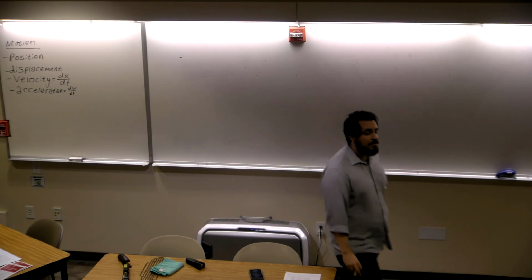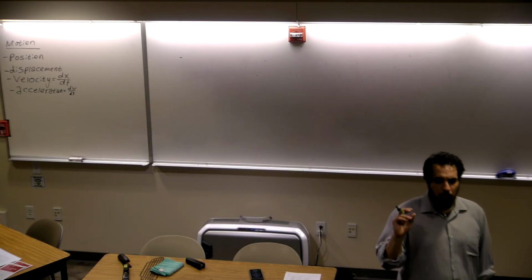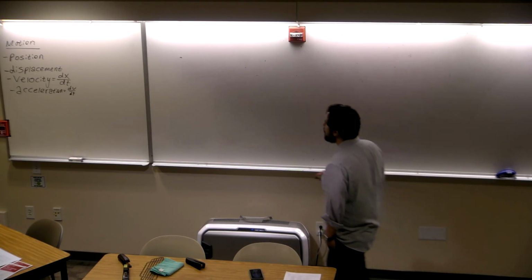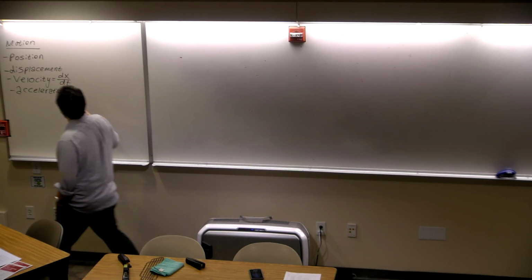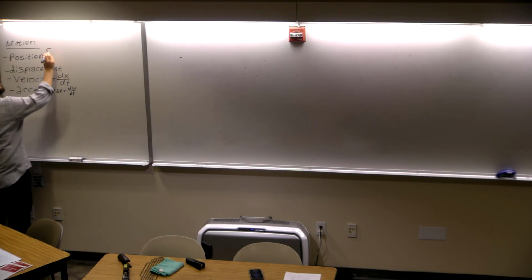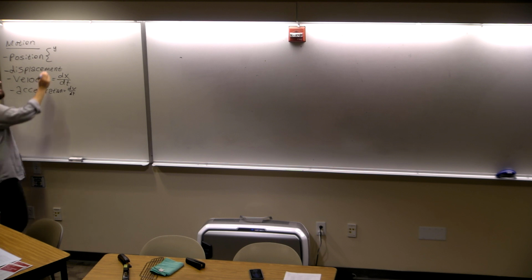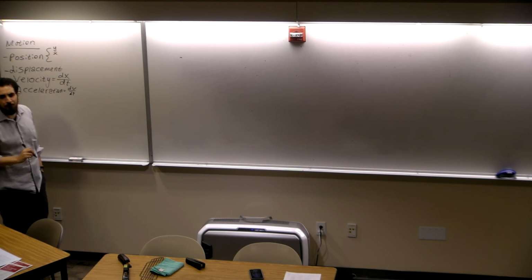And we've looked at several different ways to represent our motion so far. We've looked at motion that is vertical, up and down. In the case of vertical motion, we might use y to represent our position. We might use x to represent our position left and right.